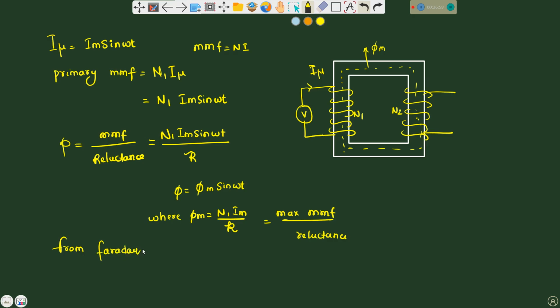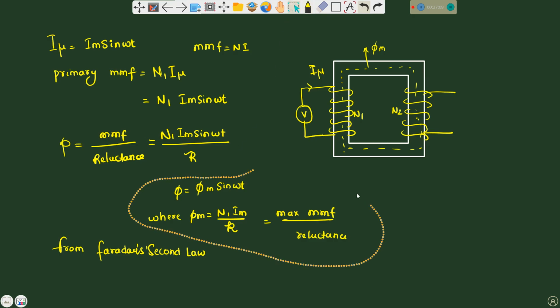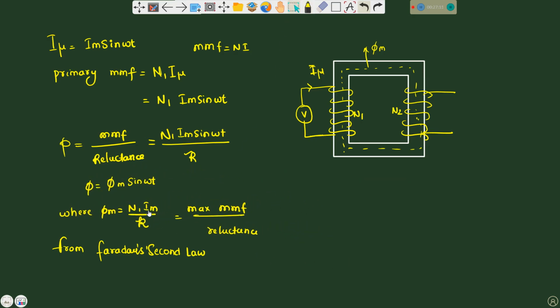From Faraday's second law we know that the induced EMF, this is self-induced EMF here, will be minus N1 d phi by dt.